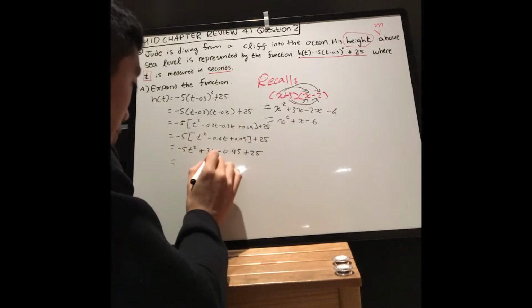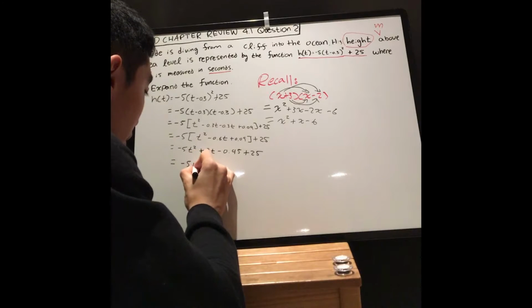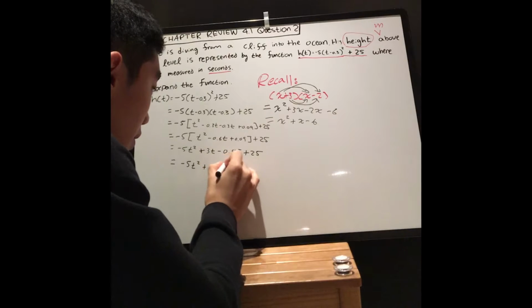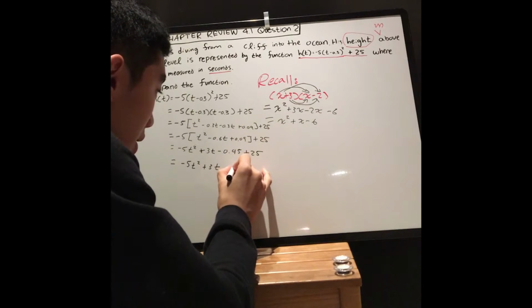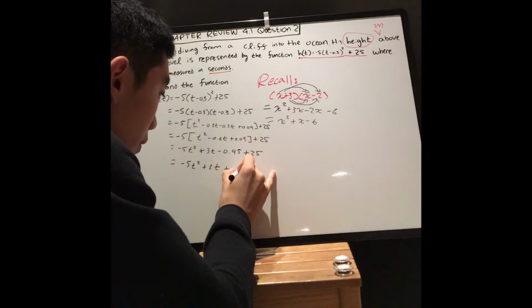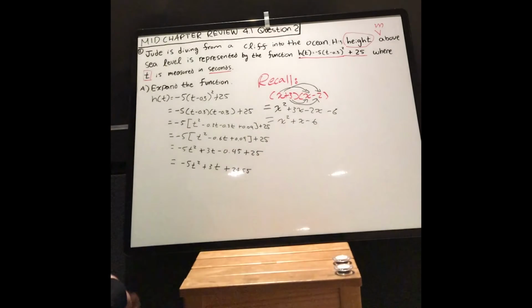Then you can simply collect like terms: -5t² + 3t + 24.55. So there's your expanded function in standard form.